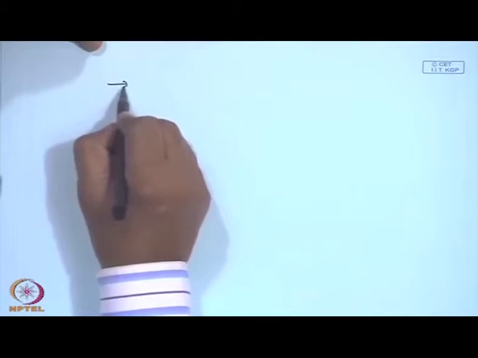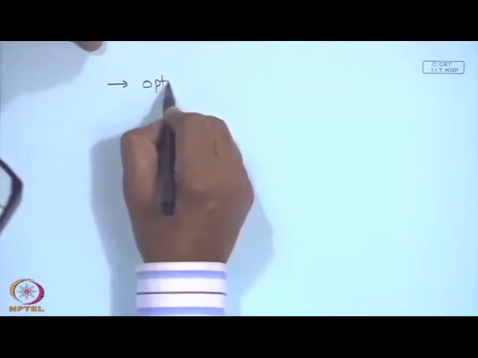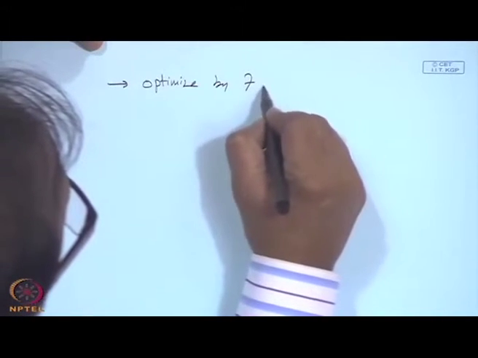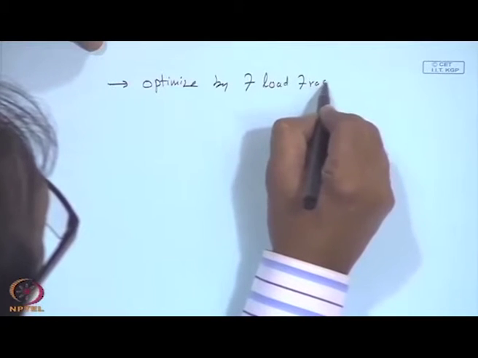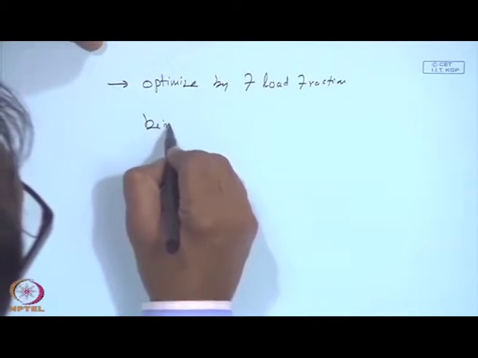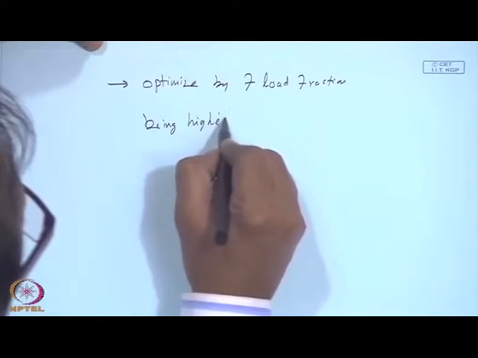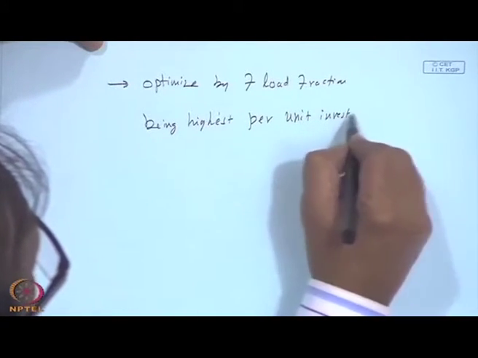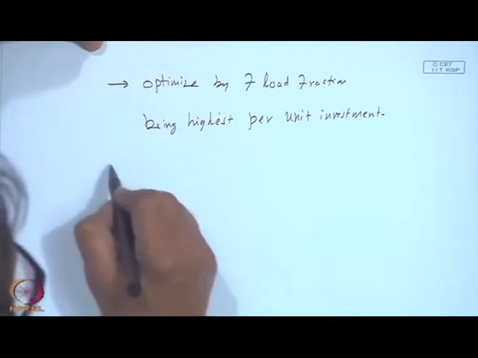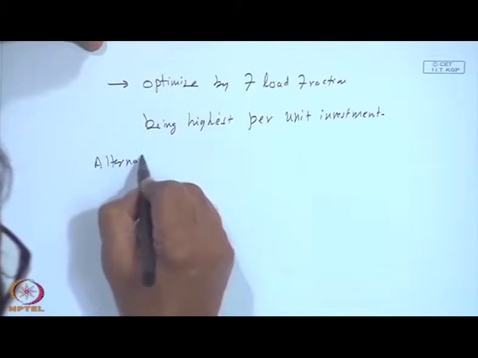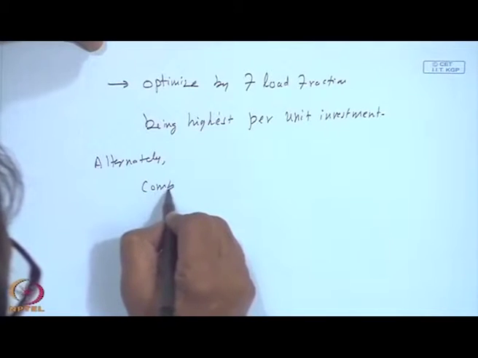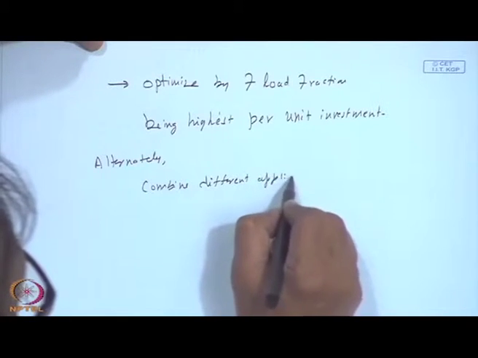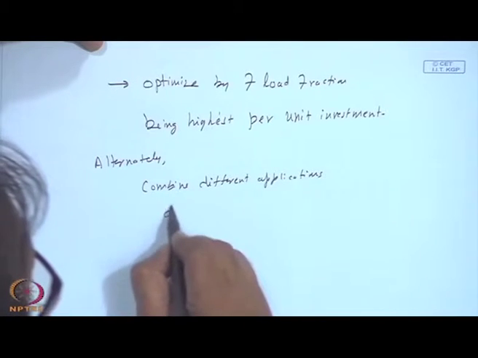A solution could be to optimize by the solar load fraction F being highest per unit investment, or alternately combine different applications depending on the season.